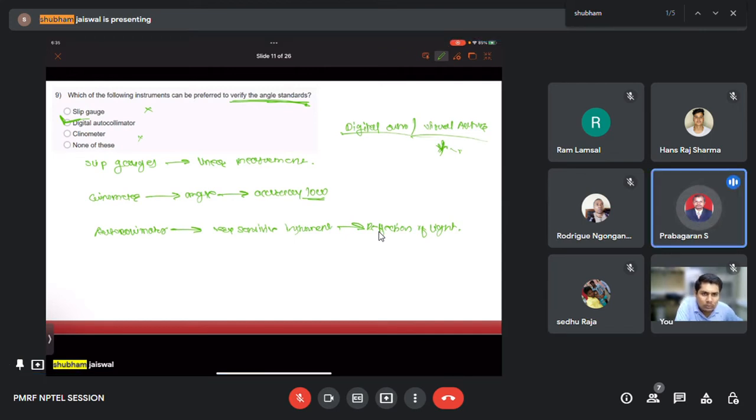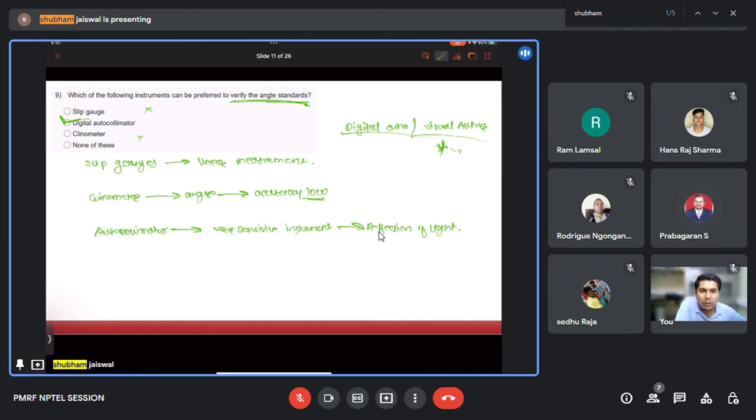Sir, regarding this question, no doubt, but about the application of this autocollimator: since it has very high resolution and accuracy and direct reading, we can use it for calibration purposes. Am I right, sir? Yes, we can, and slip gauges too. Internally, if we have both a digital autocollimator and slip gauges in our workshop, you can use them as and when required, and use the digital autocollimator exclusively for calibrating angle measurement instruments.